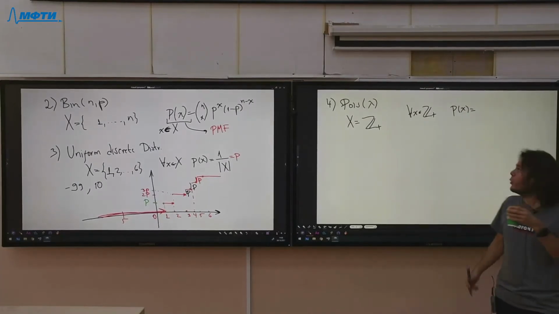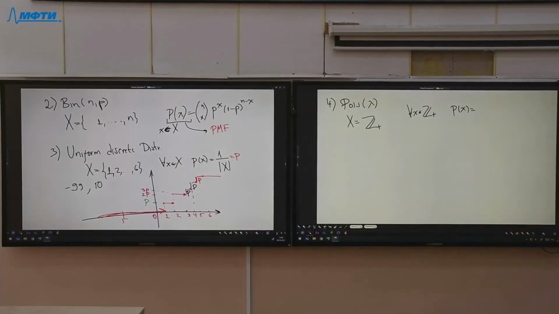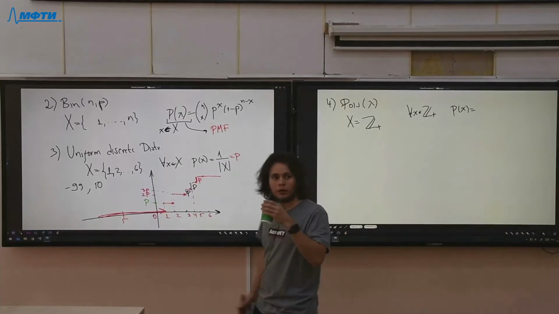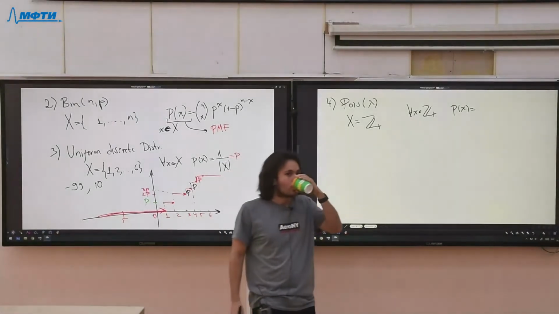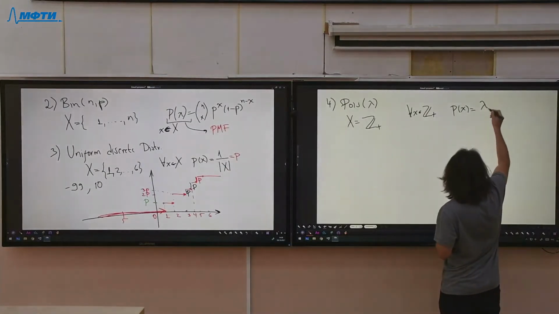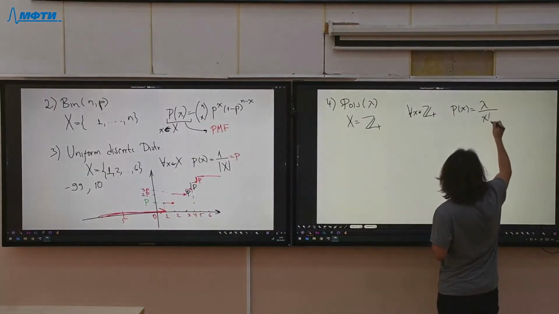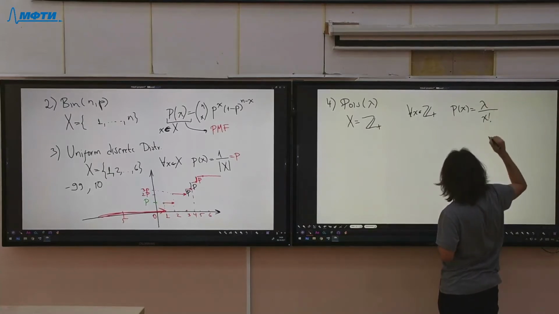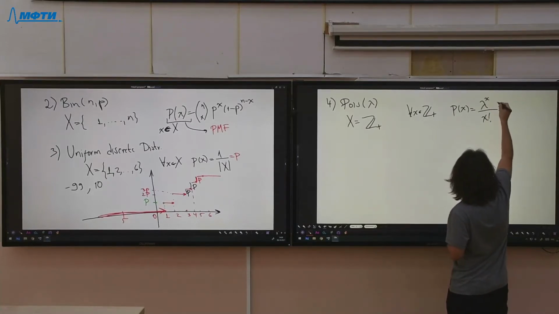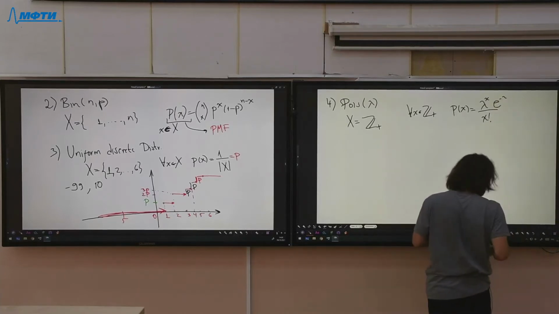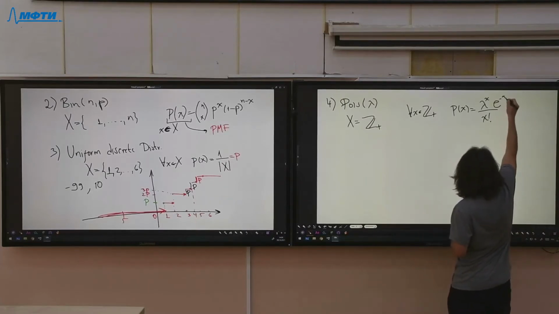So what's the PMF of the Poisson? Right, so this is lambda to the power of x, over x factorial, and e to the minus lambda, right? E to the minus lambda.